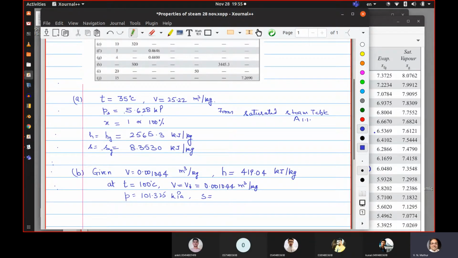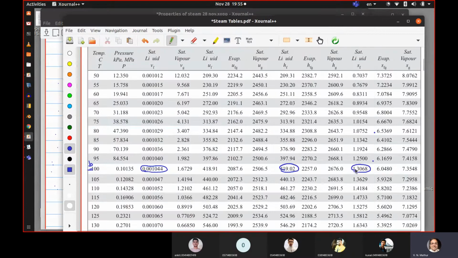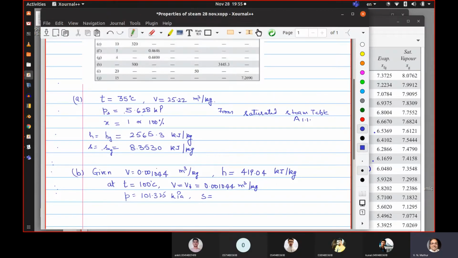Enthalpy is given. Entropy is 1.3068 kilojoule per kg Kelvin.